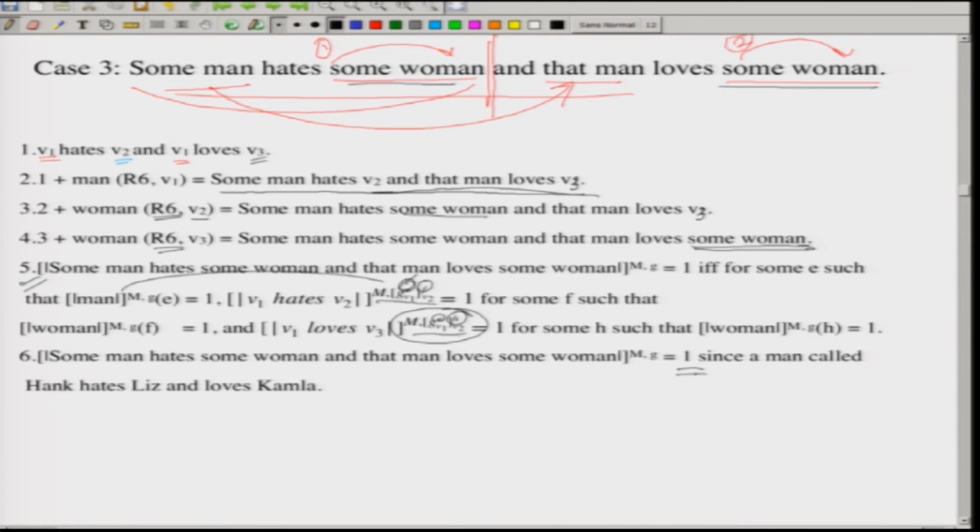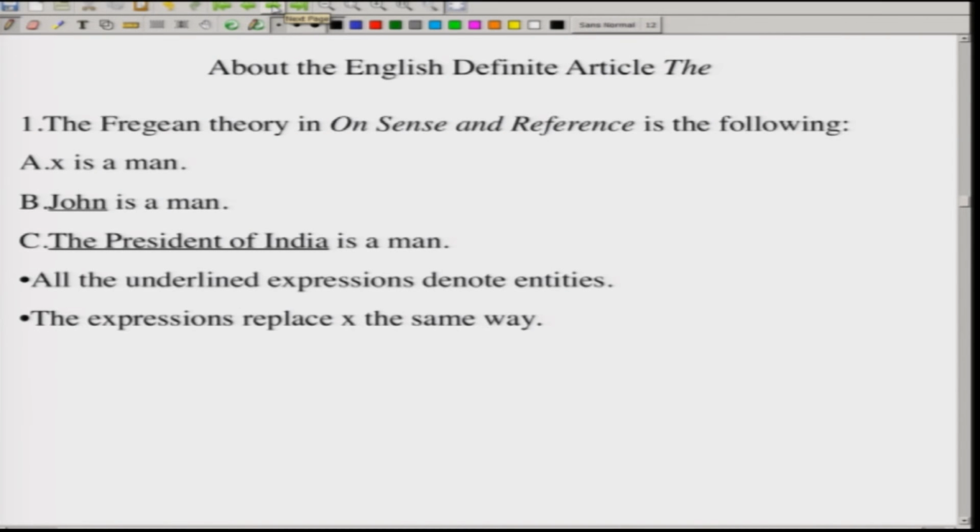So, once again we concentrate more on the language part of it, not very much the other things. Now, we have the definite article the. Frege in On Sense and Reference would analyze it roughly this way.